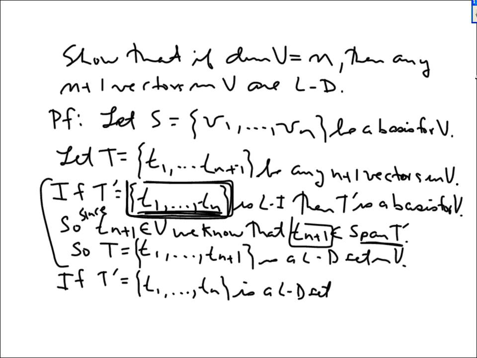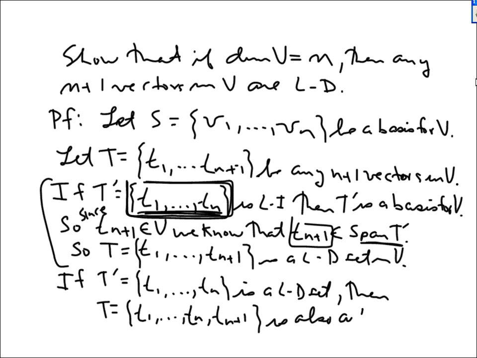If T prime is dependent, then T, which has all of these vectors and one more, is also a linearly dependent set. So no matter what, T is linearly dependent.